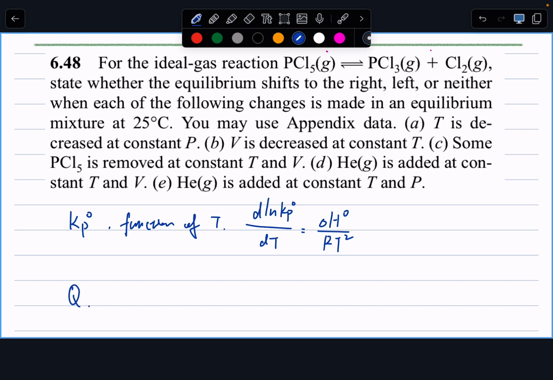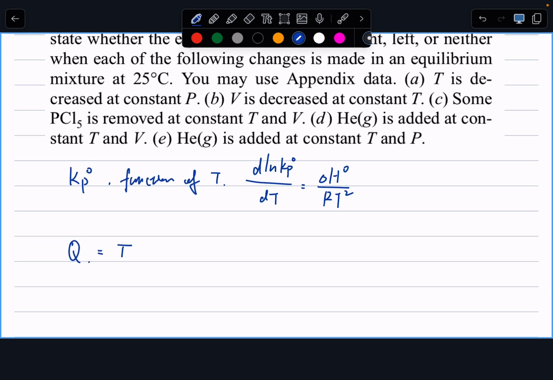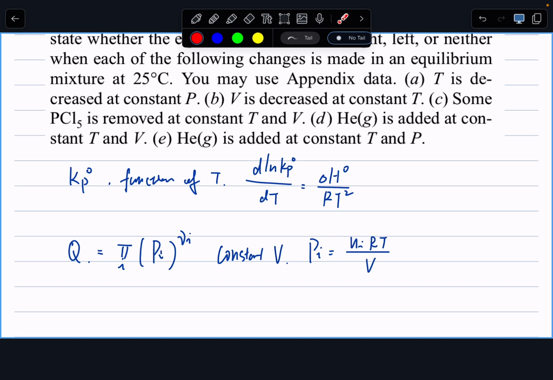Now for your reaction quotient, it equals the product of your partial pressures to the stoichiometric coefficients. Then you have two different scenarios. If we have constant volume, then your partial pressure equals the number of moles of that species times RT divided by V. So if we're adding inert gas into our reaction mixture at constant temperature and volume, this tells you it's not doing anything to the equilibrium.